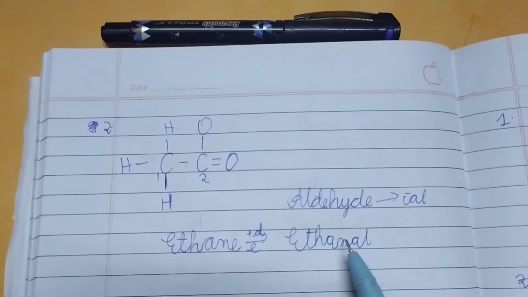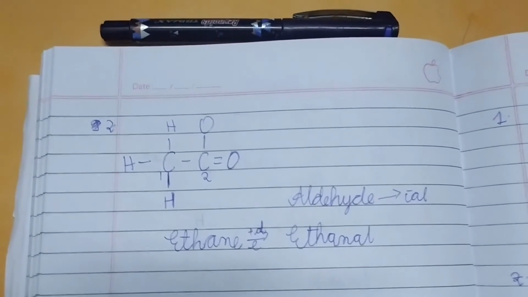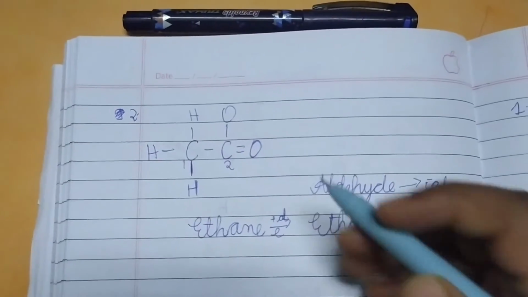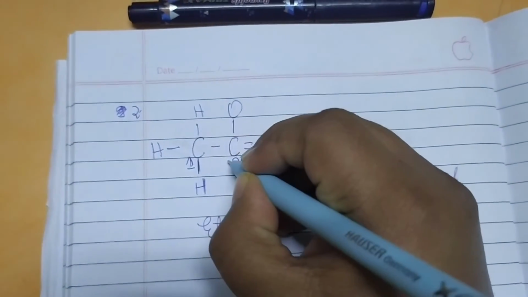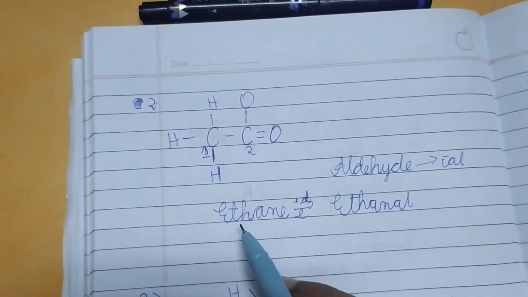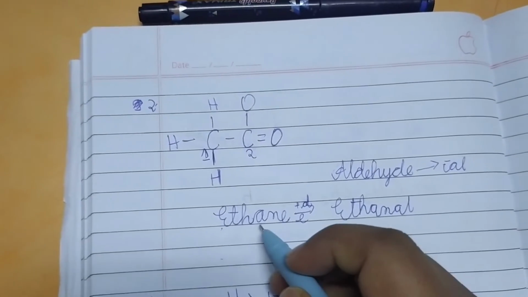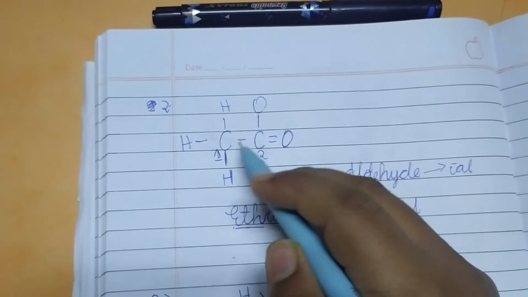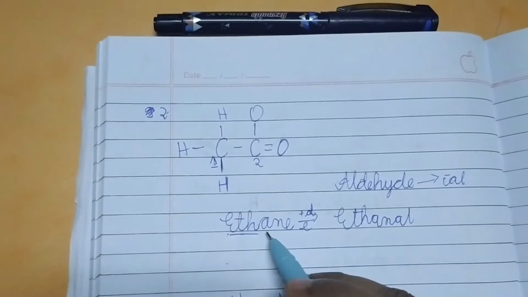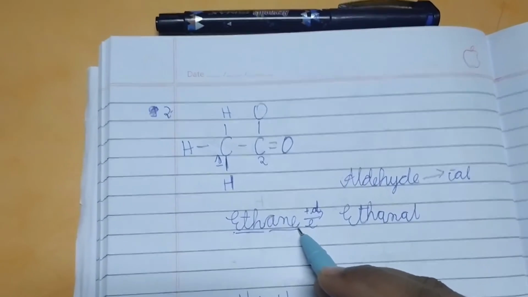Let us see one more example to understand it better. In this compound, we can see 2 carbon atoms are present, so eth will be the word root. And as no double bond is present here, ane is the primary suffix.